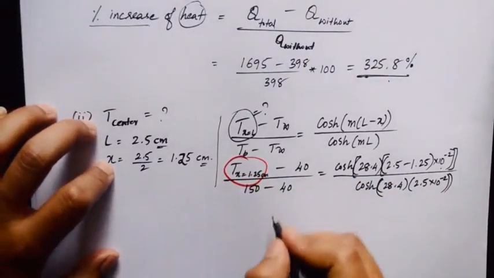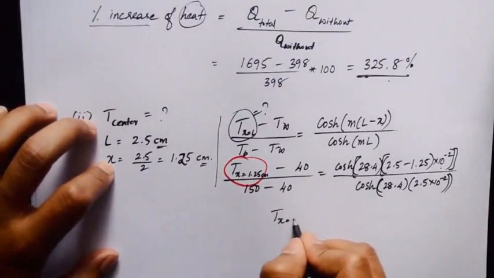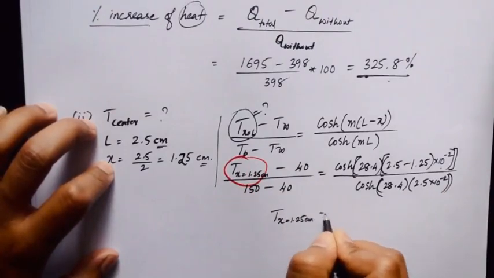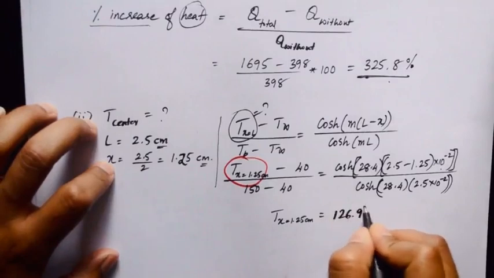Calculated for this unknown, we'll get the temperature at x equal to 1.25 centimeter, that is the center, as 126.9 degree Celsius.